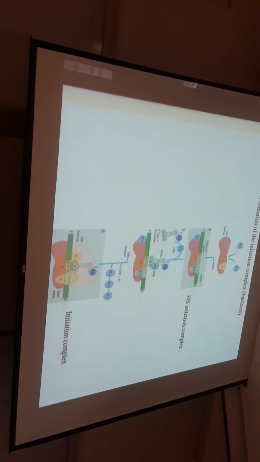So, on this slide we see what happens actually during initiation, and we see that it's a little bit more complex than just having the ribosome, let's say the assembled ribosome, bind to mRNA and then bind to tRNAs, because this process and also subsequent processes, elongation, termination, actually require a bunch of proteins called factors.